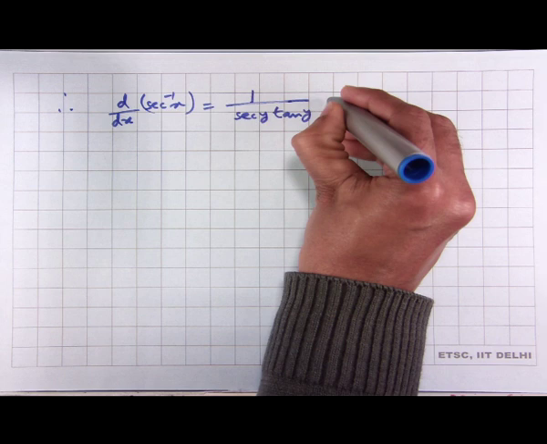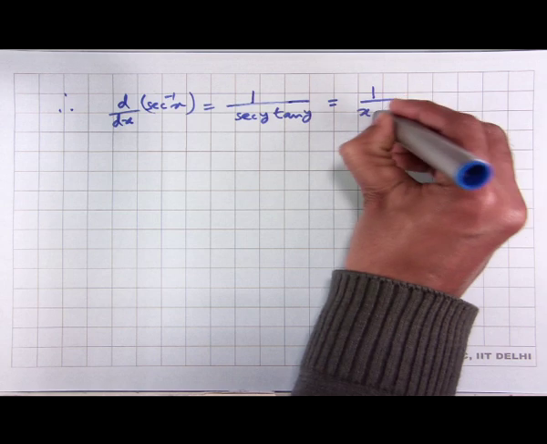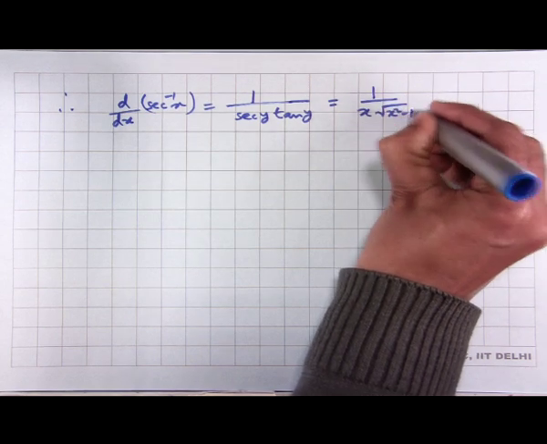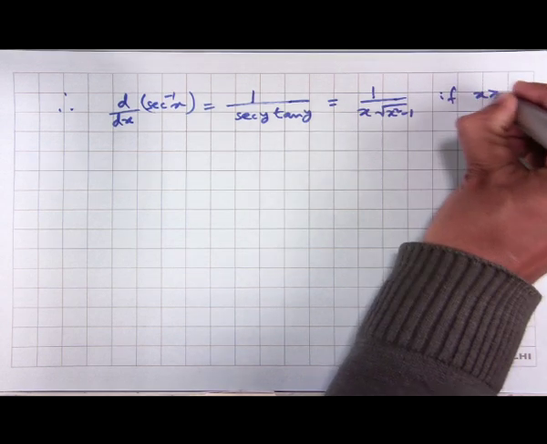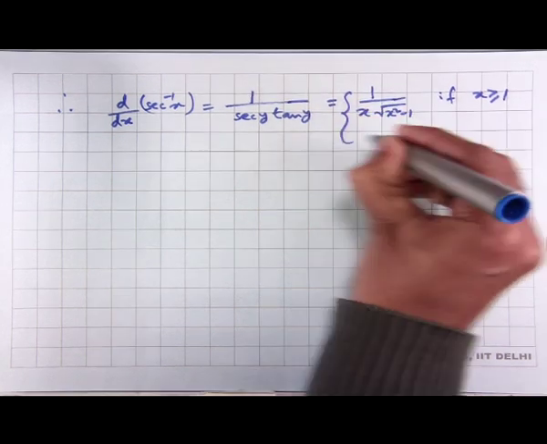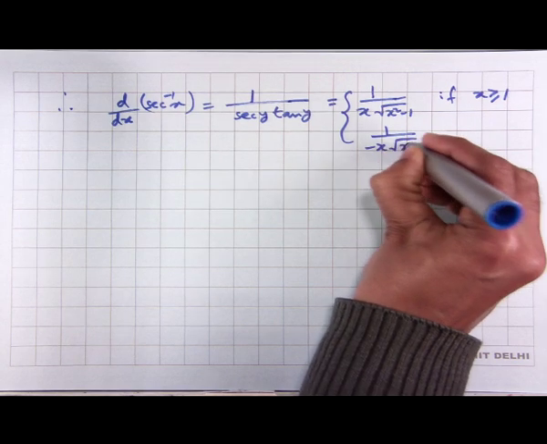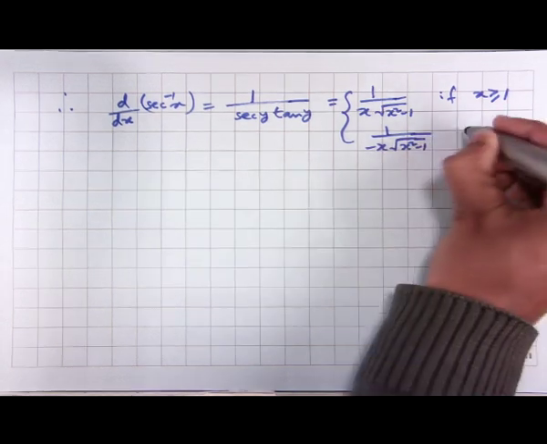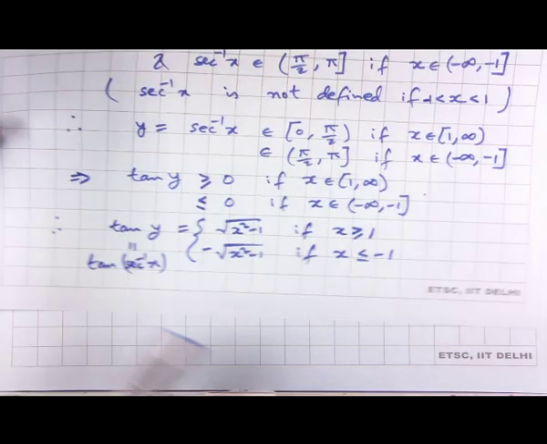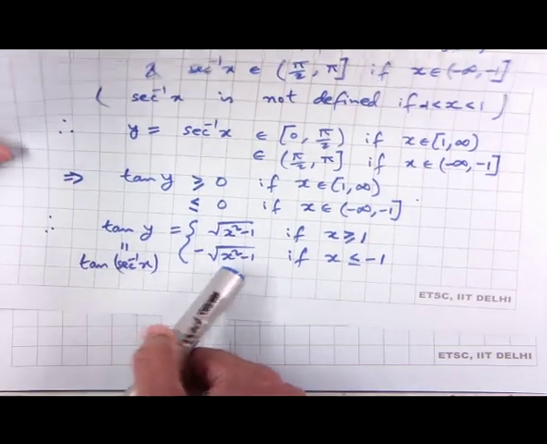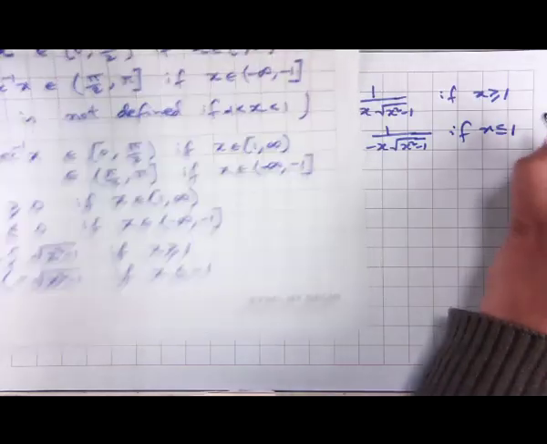Which is equal to 1 by x times square root of x square minus 1 if x is greater than or equal to 1, and this is equal to 1 by minus x square root of x square minus 1 if x is less than or equal to minus 1, because tan of y is minus square root of x square minus 1 if x is less than or equal to minus 1.